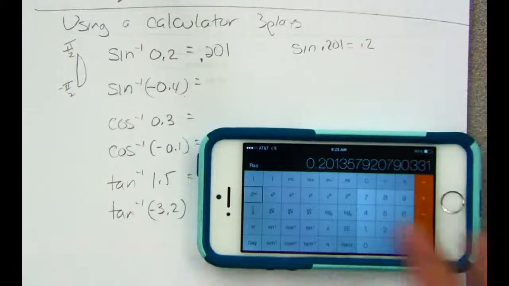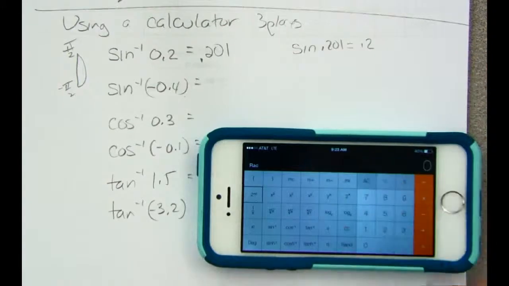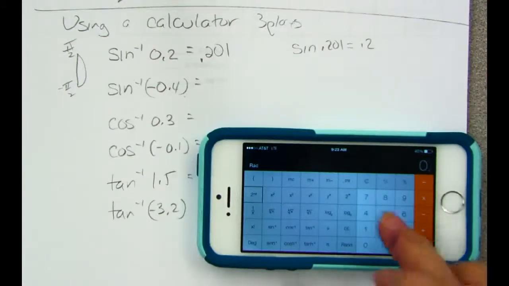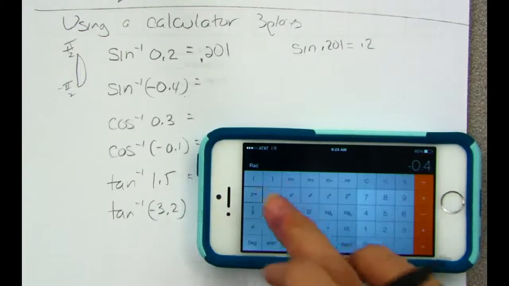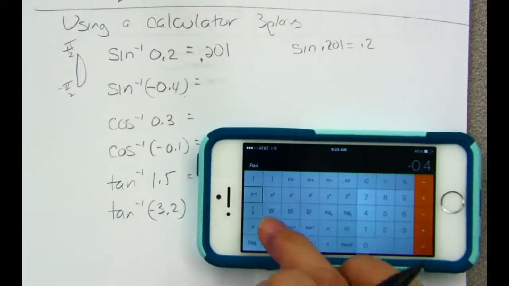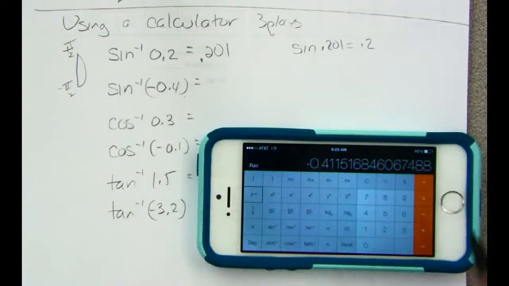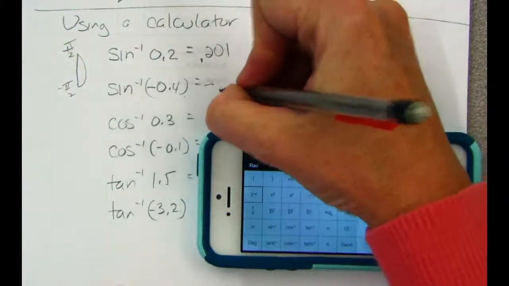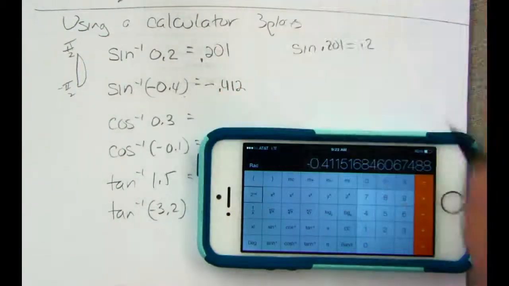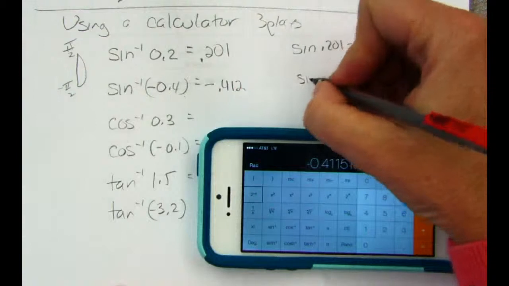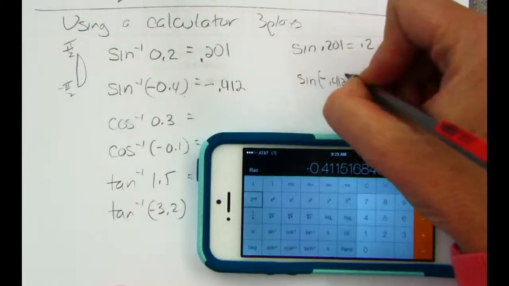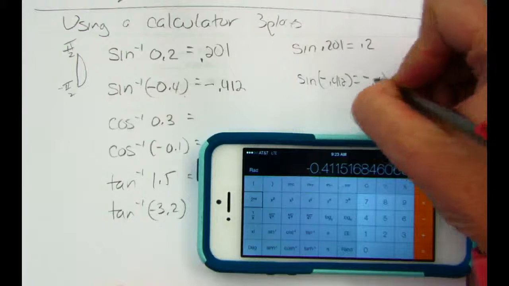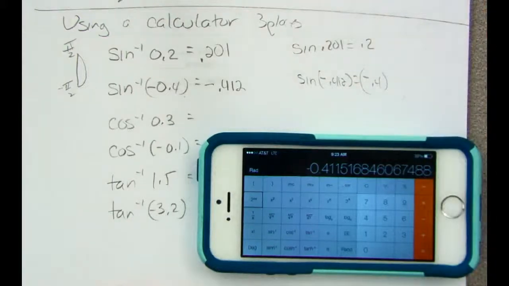Let's try the next one. So 0.4, make it negative. Inverse sine, make sure it's radians, I do. Inverse sine. And that's negative 0.412. In other words, sine of negative 0.412 equals negative 0.4.